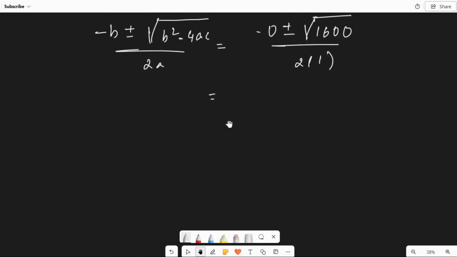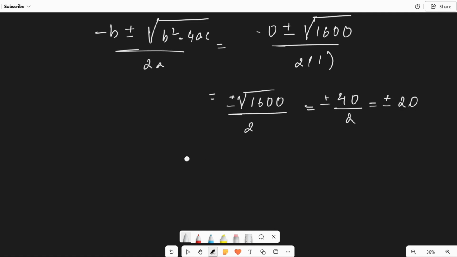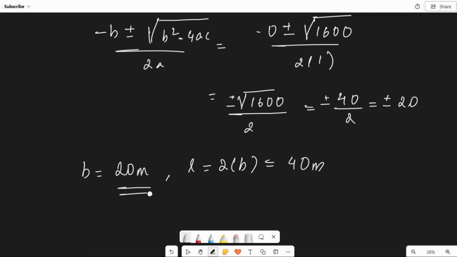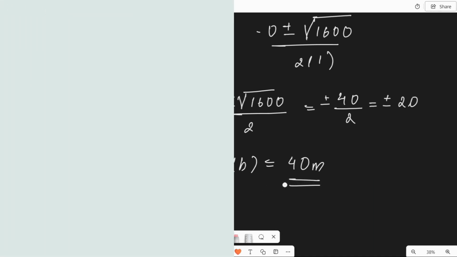This becomes root over of 1600 by 2, that is 40 by 2, that is 20. So we know that breadth can never be negative, so breadth here becomes 20 meters, and as we know that length is nothing but 2 into breadth, that is 40 meters. So we have breadth as 20 meters and length as 40 meters.